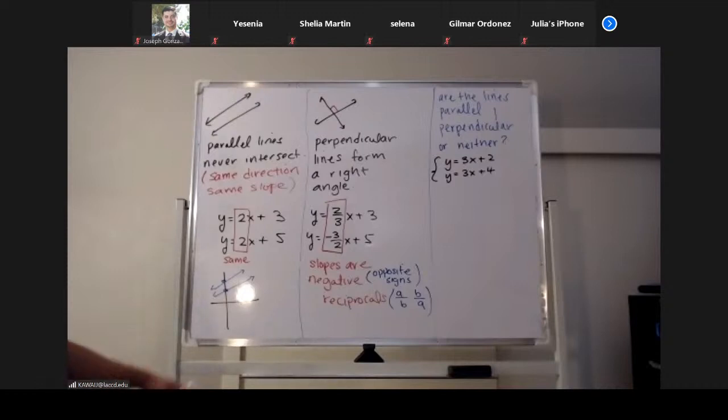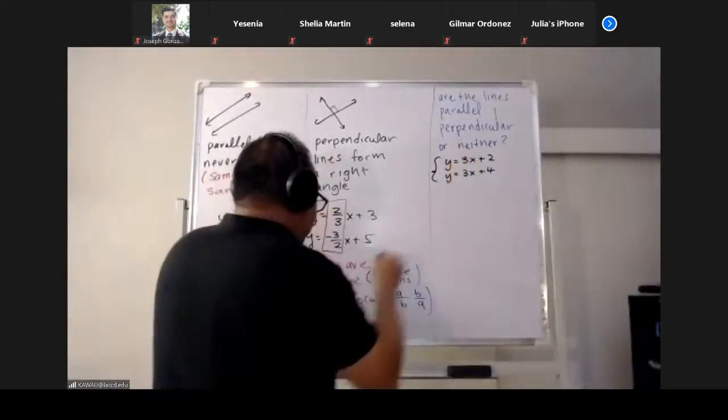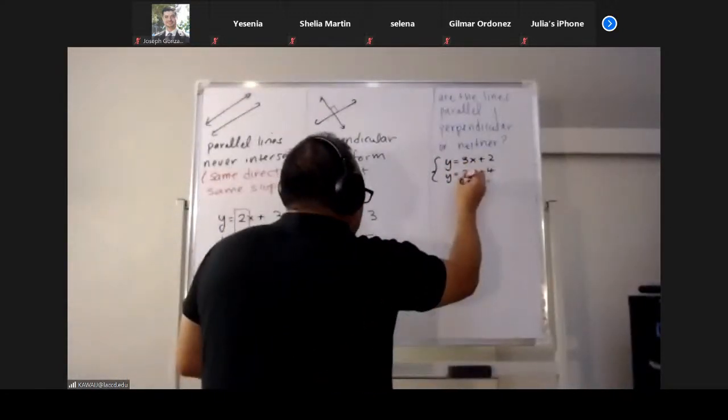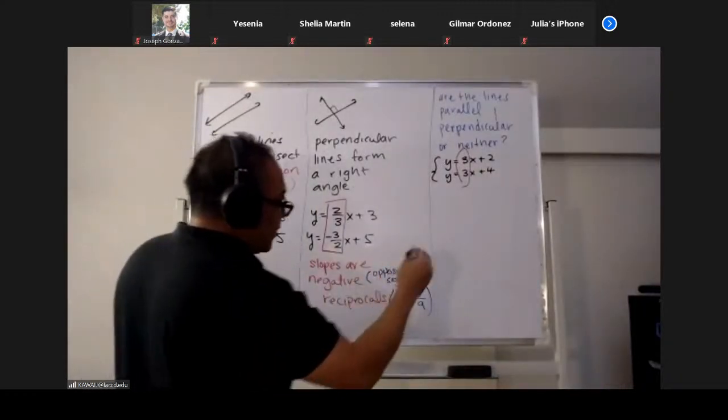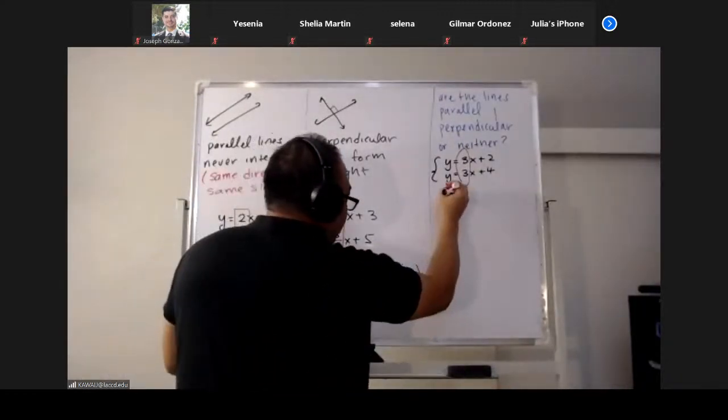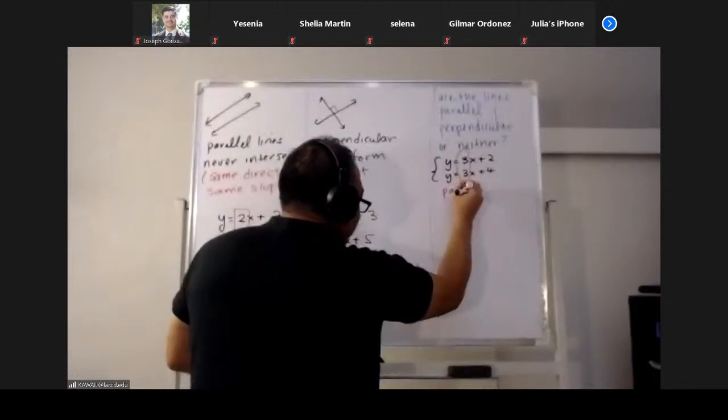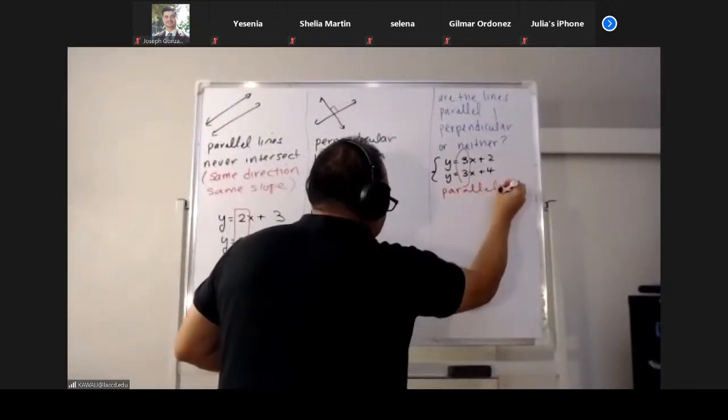Okay? So this one is perpendicular because the slopes are the same, right? So go ahead, don't copy. I just look up because I'm going to go a little fast, and I'll leave it for you guys to copy.